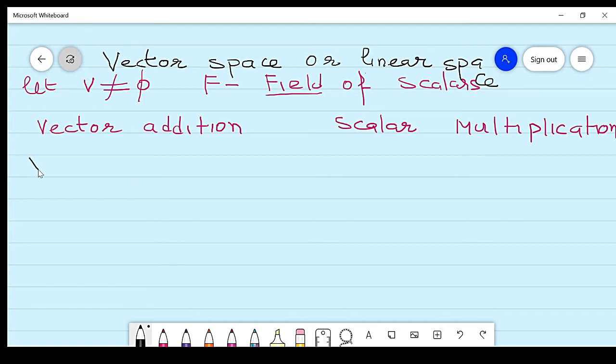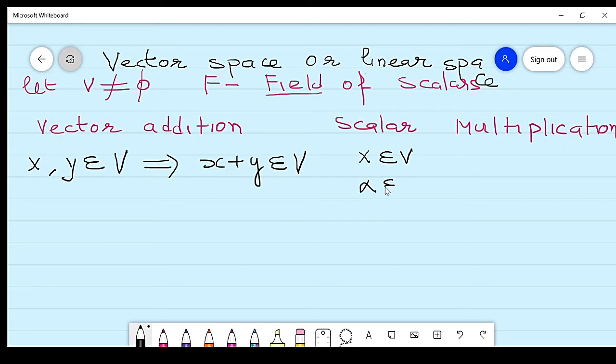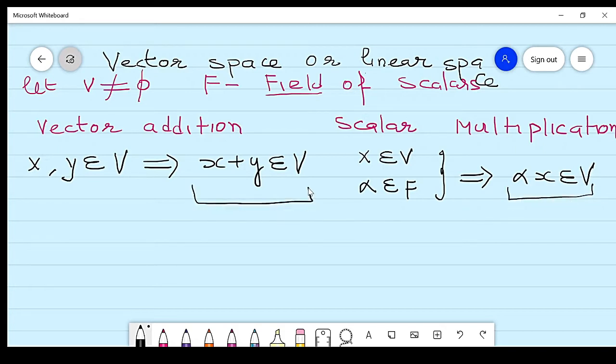So if x and y are two vectors belonging to V, then their sum x plus y also belongs to V. Second is scalar multiplication: x belongs to V and alpha is a scalar belonging to the field, and it implies alpha times x belongs to V. So in addition both elements belong to V, and in scalar multiplication one is the scalar alpha and the second is a vector that belongs to V.